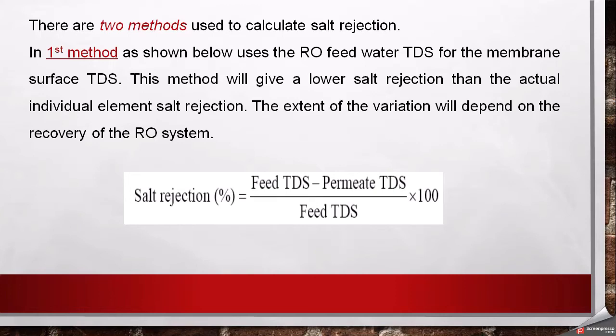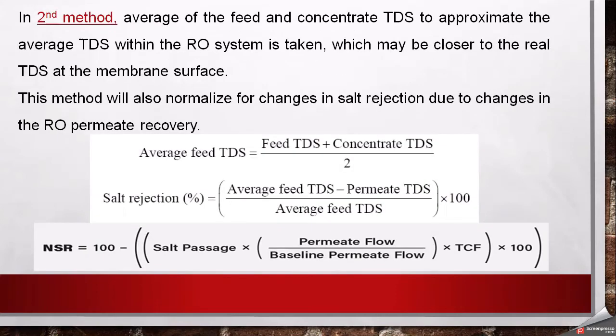So this method will give a lower salt rejection than the actual individual element salt rejection, because there is a difference between the TDS at the surface of the membrane and at the inlet of the membrane, where it is feed water. The extent of the variation will depend on the recovery of the RO system. Very simple formula: salt rejection in percent is equal to feed TDS minus permeate TDS, divided by feed TDS, into 100. This is the first method which is used in the calculation of NSR.